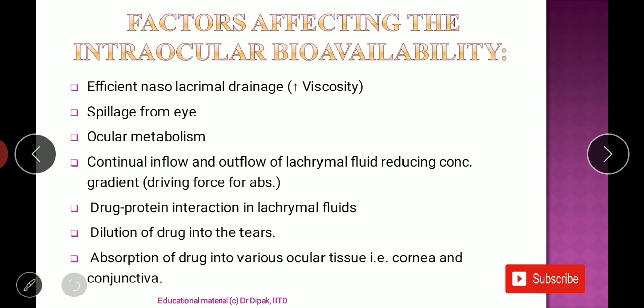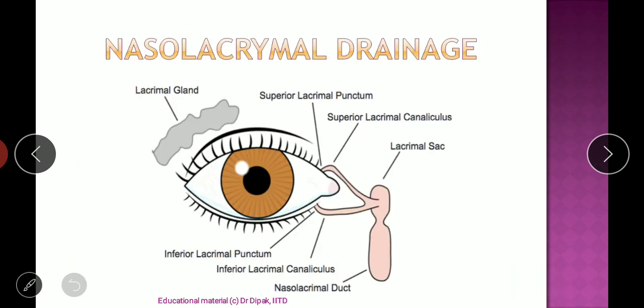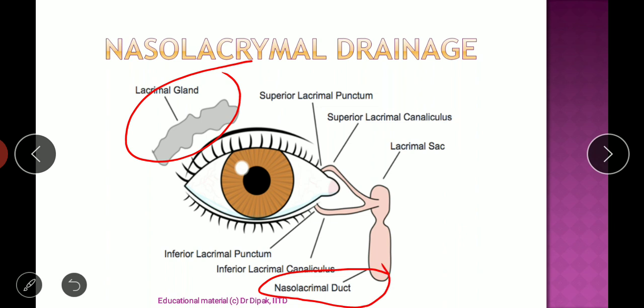Absorption of the drug into various ocular tissues like cornea and conjunctiva may cause different effects on the bioavailability. The eye consists of the lacrimal gland, which has a connection with the nose through the nasolacrimal drainage, through the lacrimal punctum, superior and inferior.